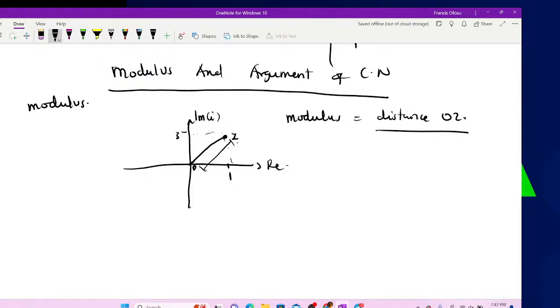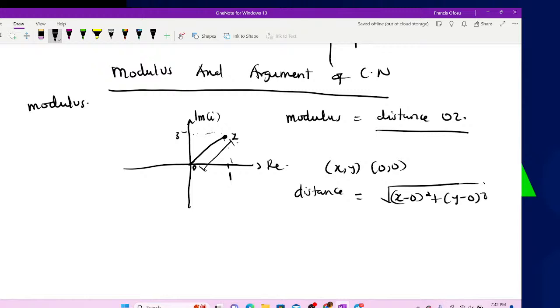Now, to find distance, basically distance is given by the general formula. If I have a point (x, y) in a plane, and I want to measure a distance from the origin (0, 0), this is simply equal to the square root of (x minus 0) all squared plus (y minus 0) all squared.